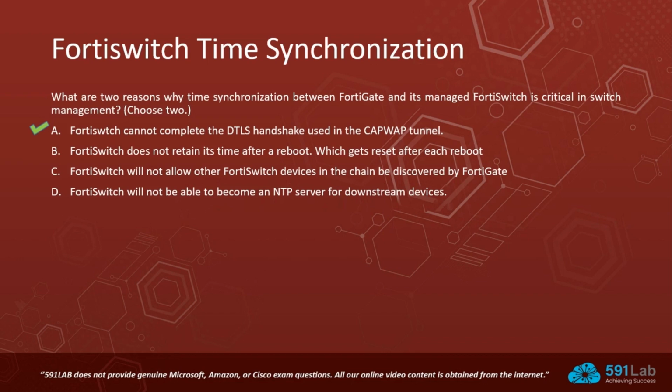And now you know this answer is also correct. Answer C. FortiSwitch will not allow other FortiSwitch devices in the chain to be discovered by FortiGate. This answer is wrong. Answer D. FortiSwitch will not be able to become an NTP server for downstream devices. This answer is also incorrect. So the correct answers are answer A and B.